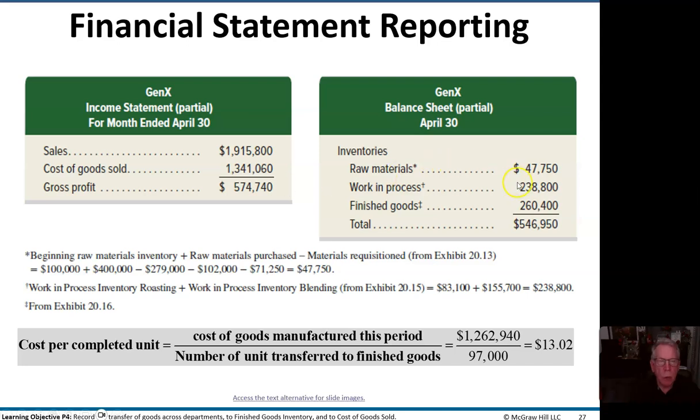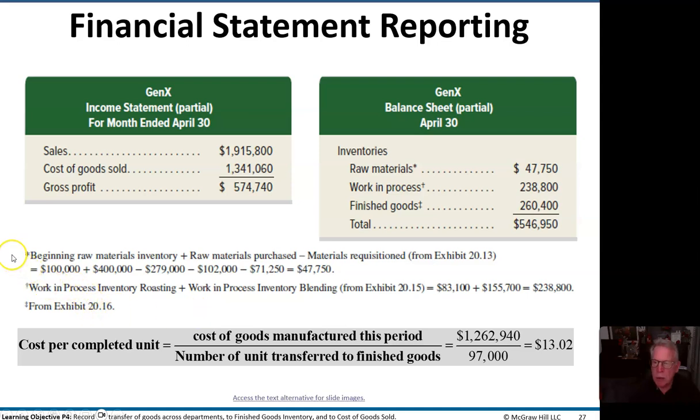And on inventories, though, our ending work in process inventory, ending raw materials inventory, and ending finished goods inventory. And that totals $546,950.